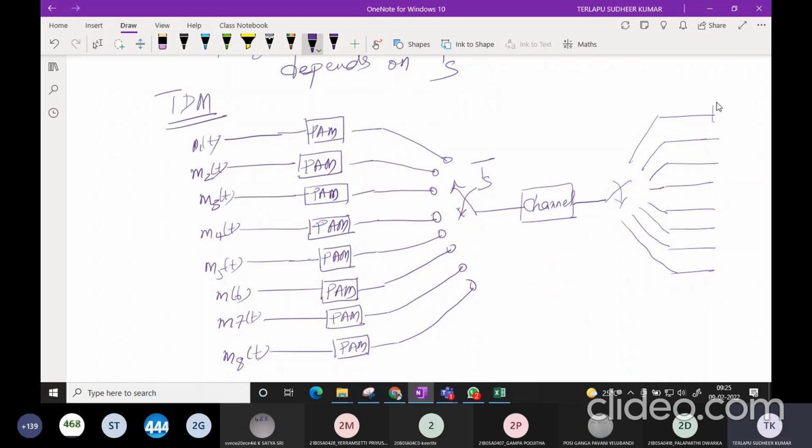So I have a demodulator here, PAM demodulator, that is the sample and hold circuit. Similarly, all the demodulators.